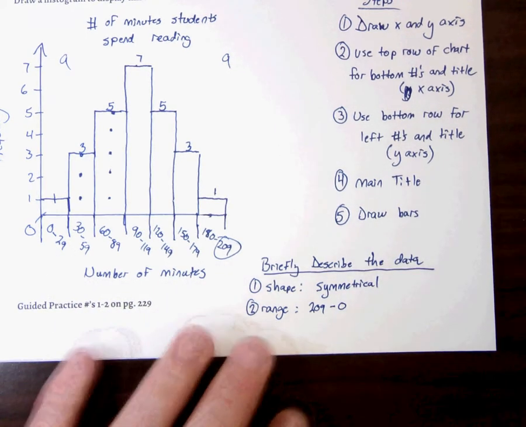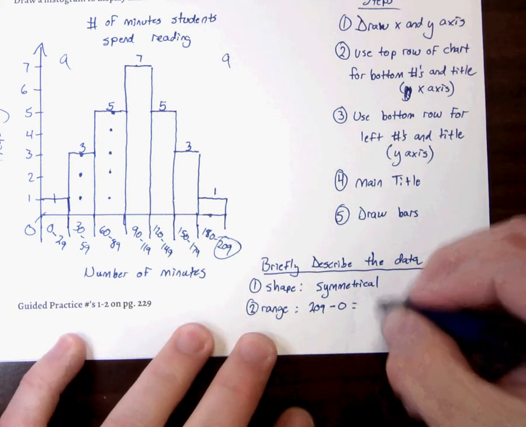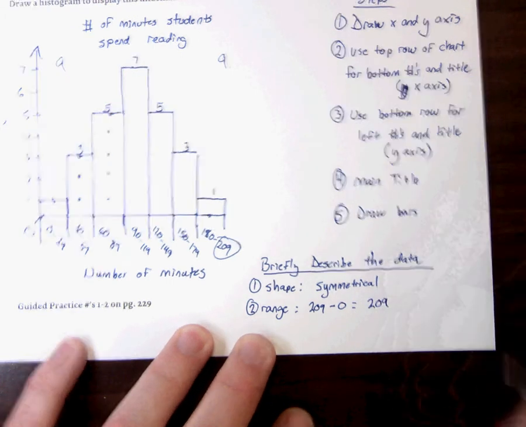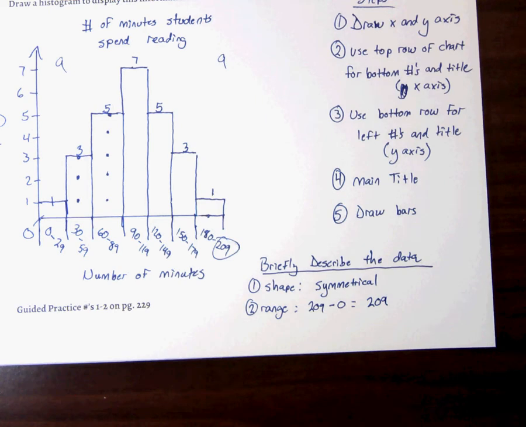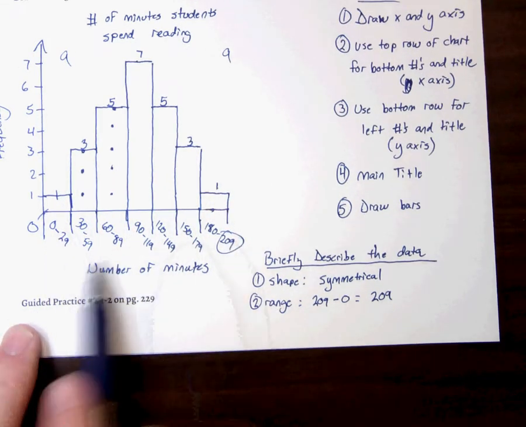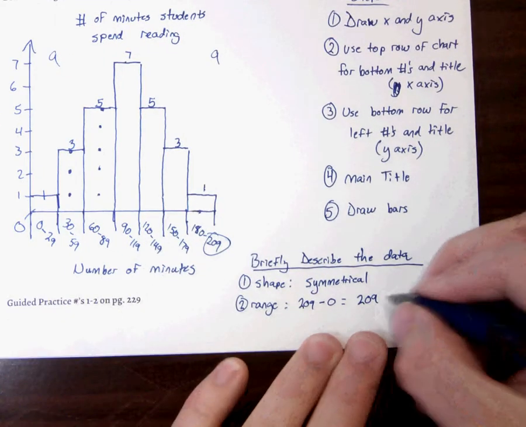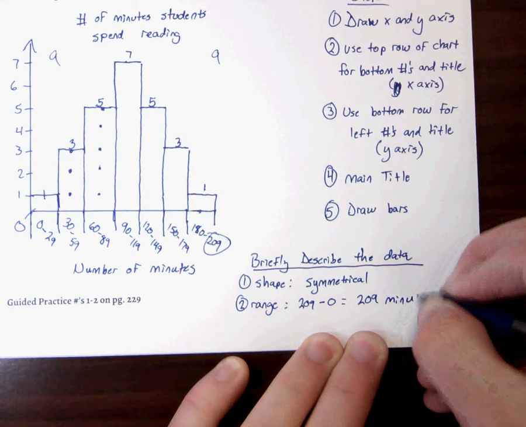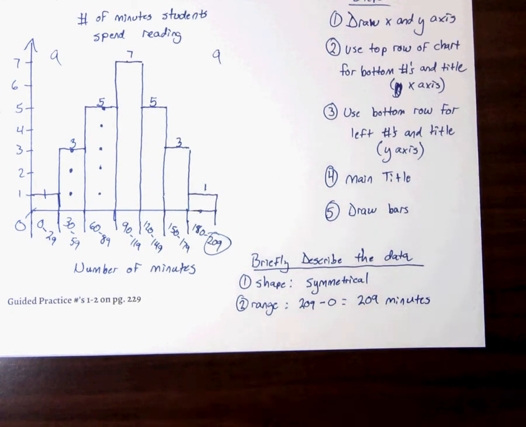And then third, we're going to make a conclusion. So what can we conclude about this? Well, we notice really quickly that most students read 90 to 119 minutes.